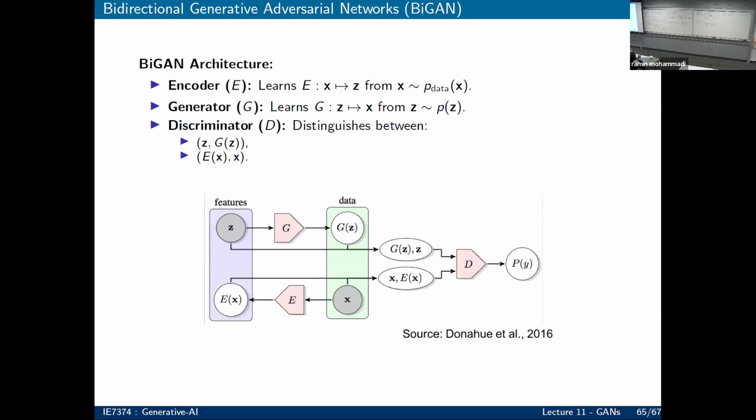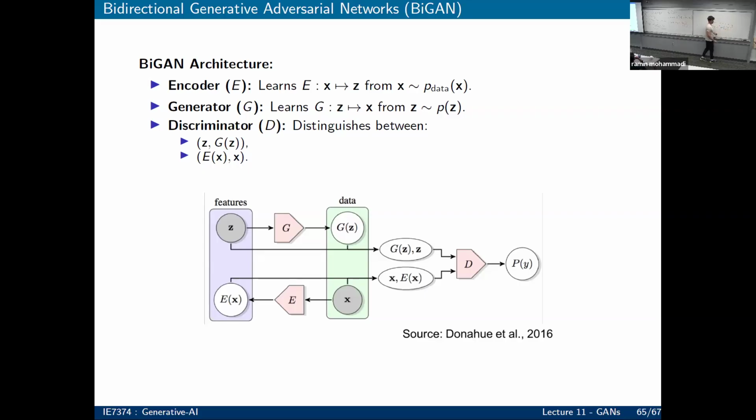Okay, so think about maybe, I'll just draw this. I'm just going to draw the bottom part. You have X, which is your data, goes to the encoder, and this gives us some H, some latent representation of X. Then you pass this way, and you bring this also this way.